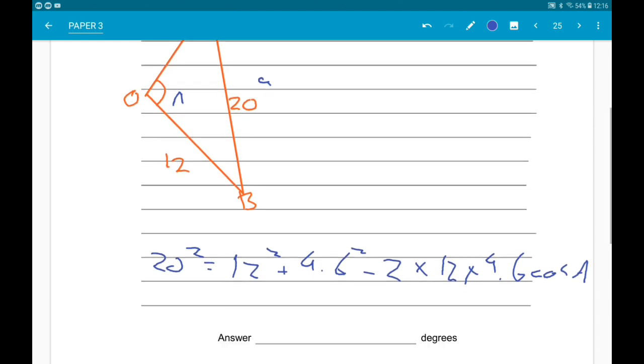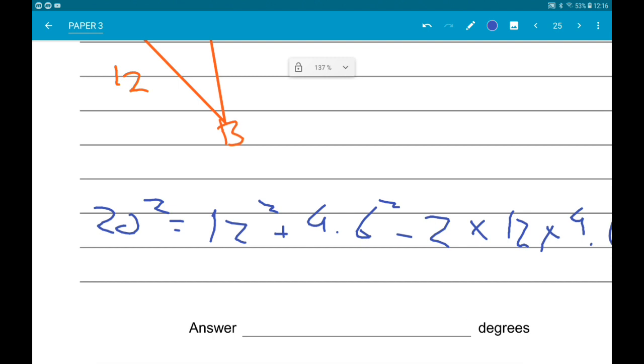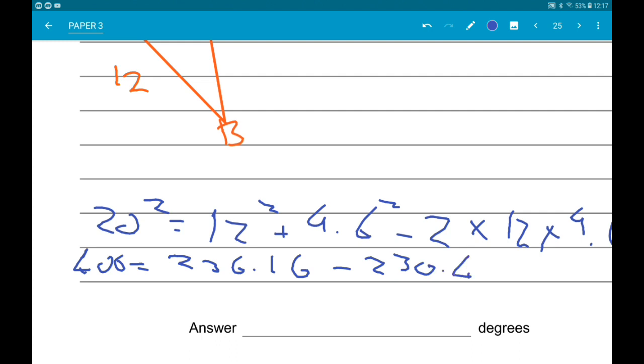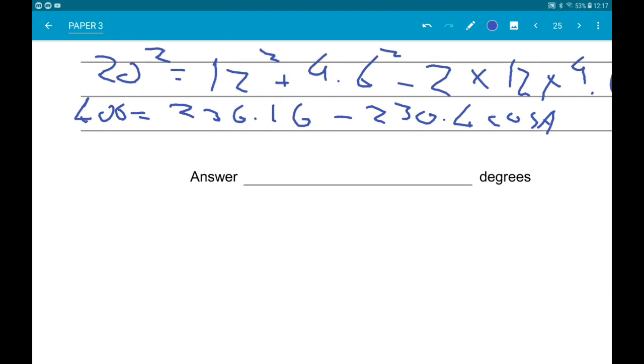Alright, so that's going to give us 400 is equal to 236.16 minus 230.4 cos of A. We're trying to get cos of A on its own, so I'm going to add 230.4 cos A to both sides.